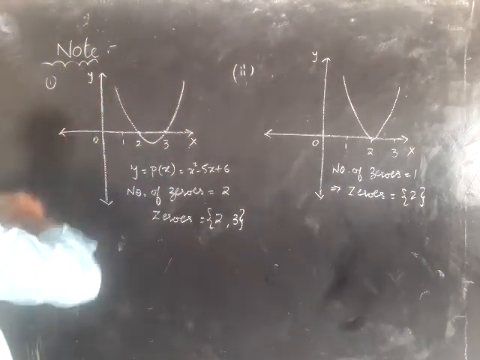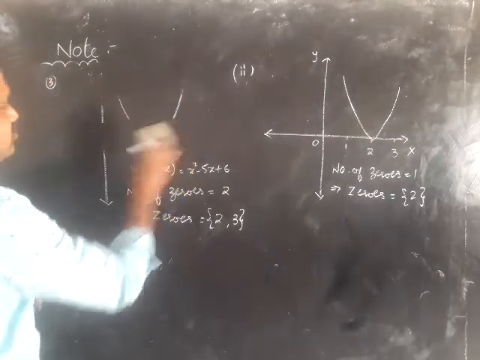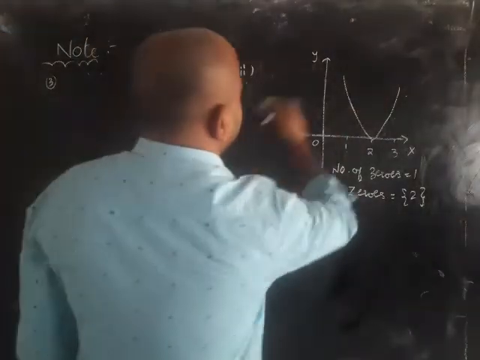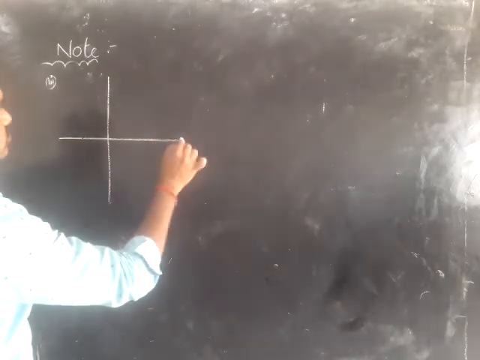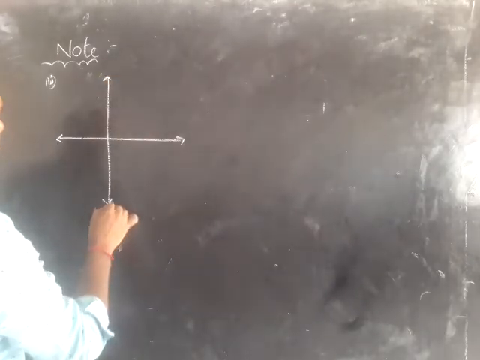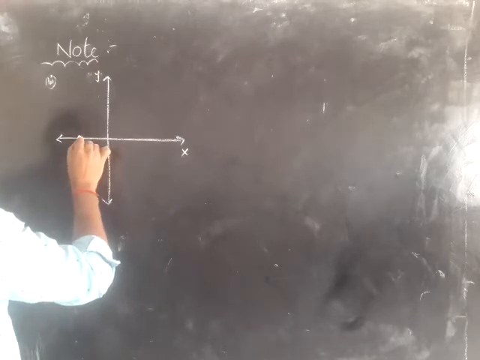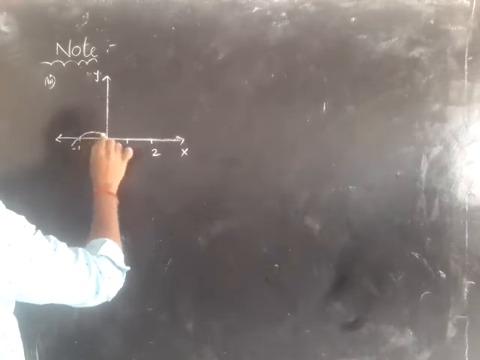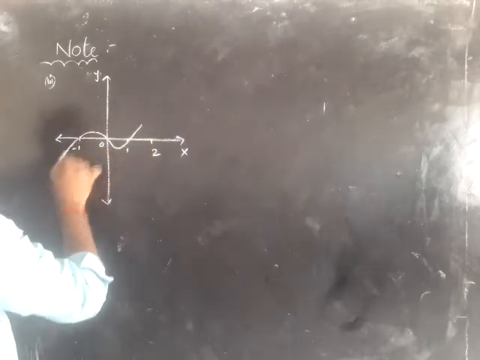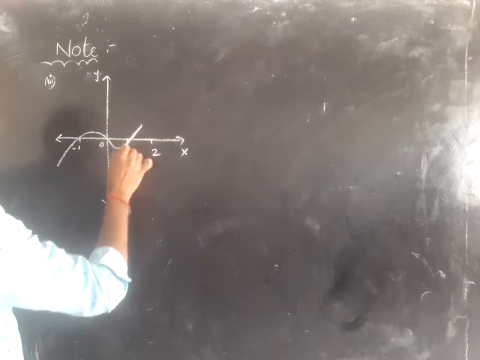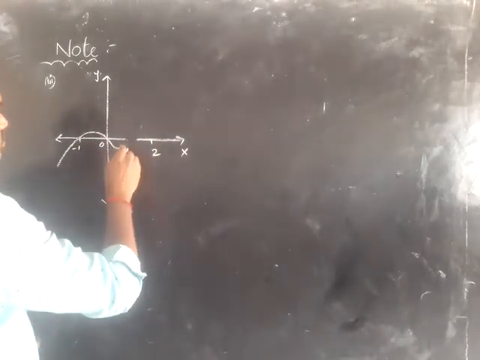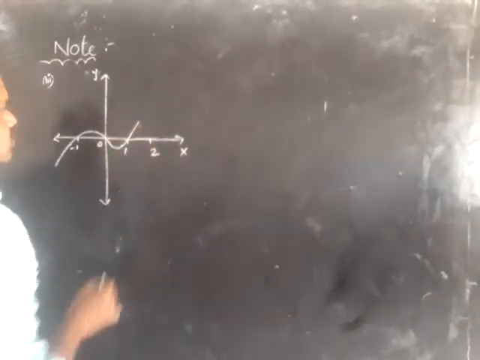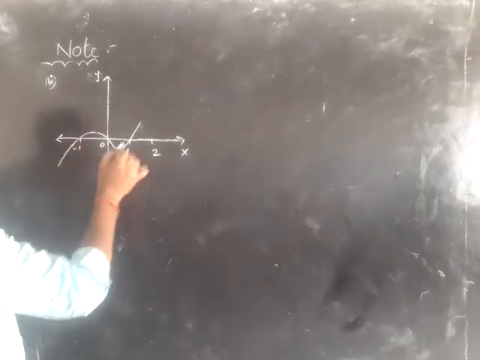Now see this one, third example. Now if we see the graph here, it is intersecting at 3 points.